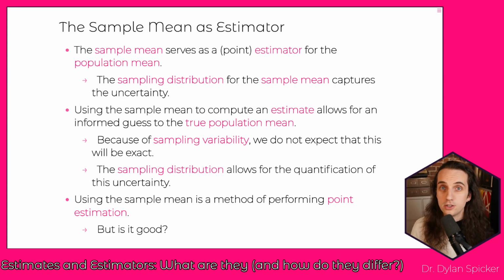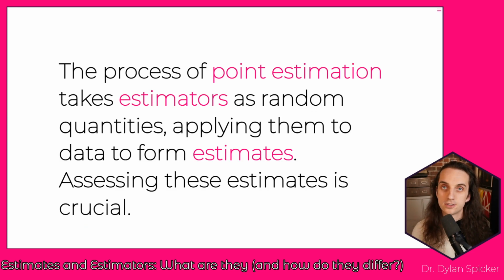When we talk about it being good, what we're really thinking about is that we want it to be close to the truth, but we never observe the population mean. So how can we know that what we're producing is actually going to be a good representation of the truth? How can we be sure that whatever we've collected from our data is representative of the real value out there in the real world? That's where the theory of estimation comes in. It allows us to assess whether the estimator is any good or not.